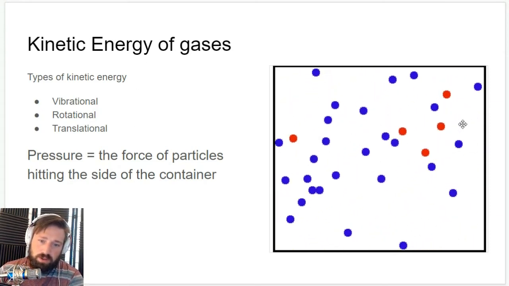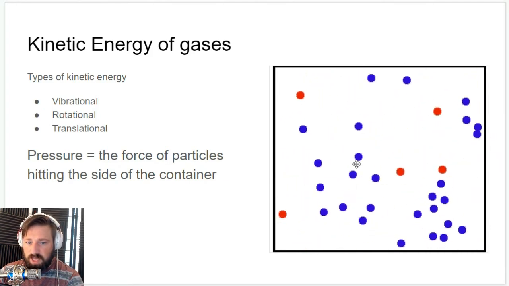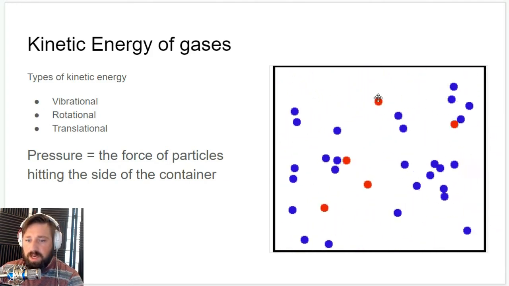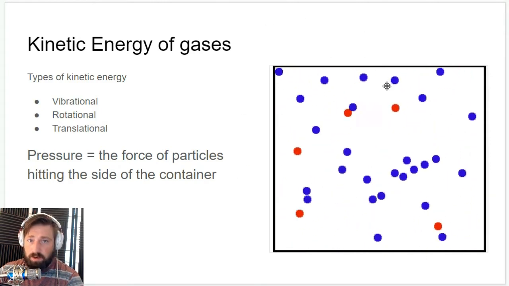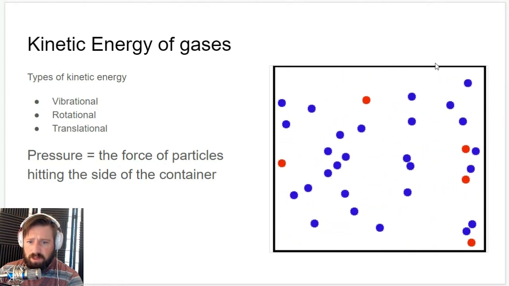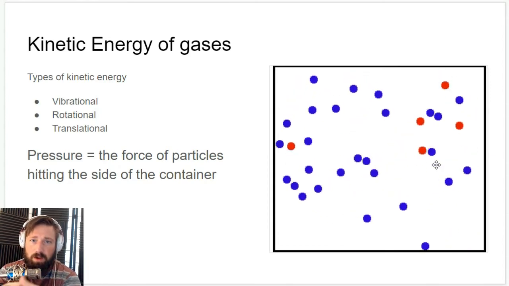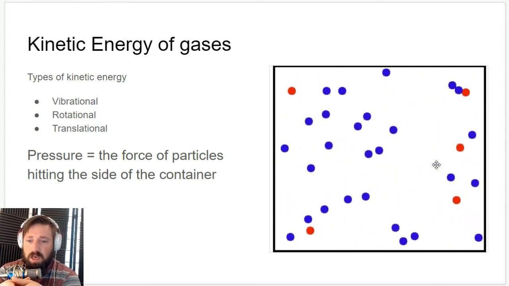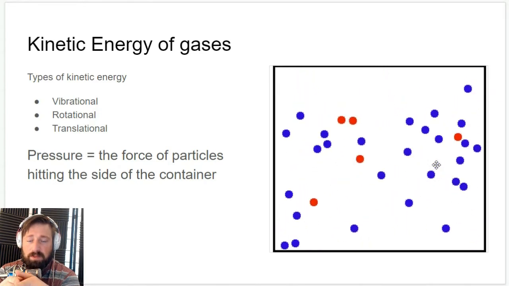So that's what you see here. You see all of these little particles. You can think of these as gas molecules, gas particles, flying around all over the place, bouncing off of the container walls, but also bouncing off of each other. Now, there's a couple of things that you need to think about here. The first thing is these guys are not all moving at the same speed.